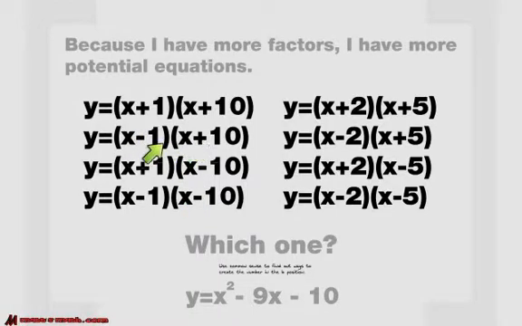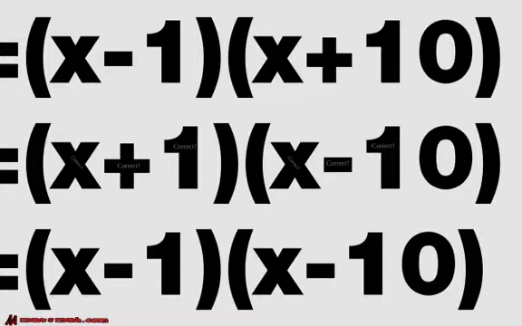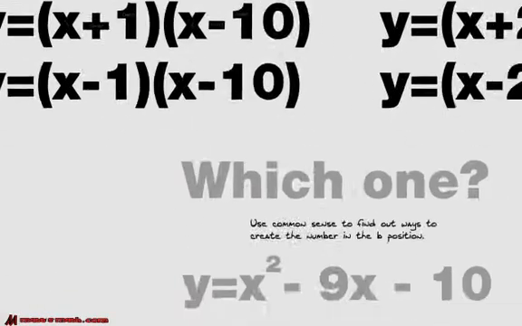So here we're ending up with positive 9, here we have negative 9. Well, what's the b? Negative 9. So it's got to be this guy. This is the equation right here, because up here you've got negative 1 plus 10, that's positive 9, whereas plus 1 minus 10 is negative 9, and that's what we're looking for, okay?